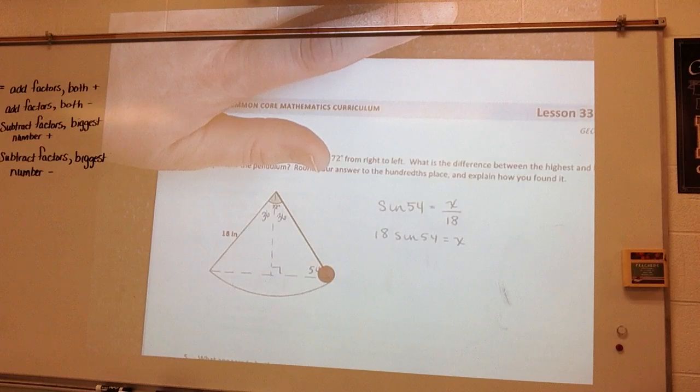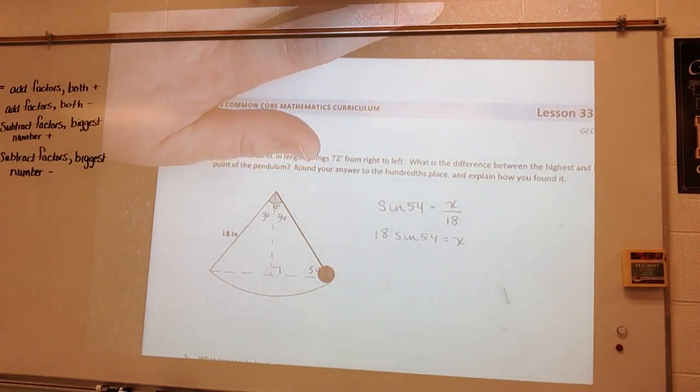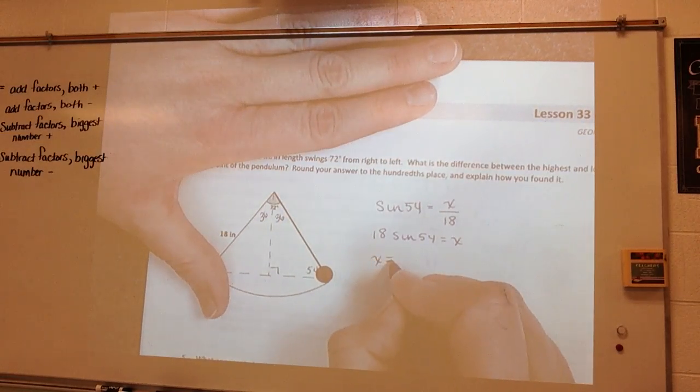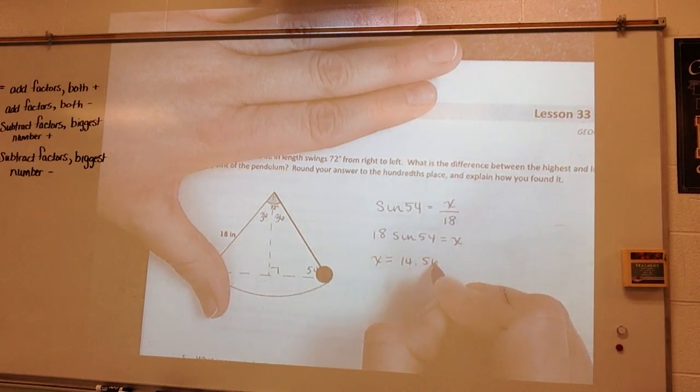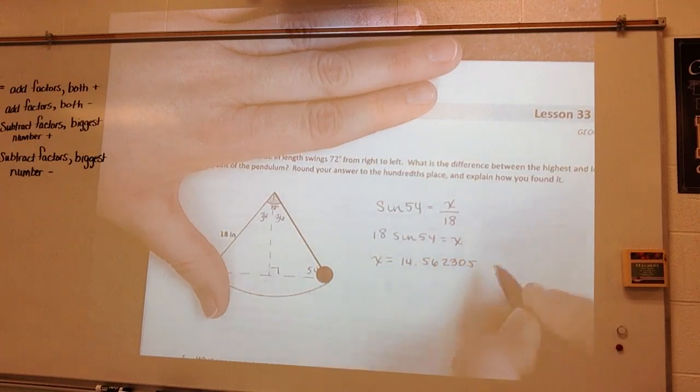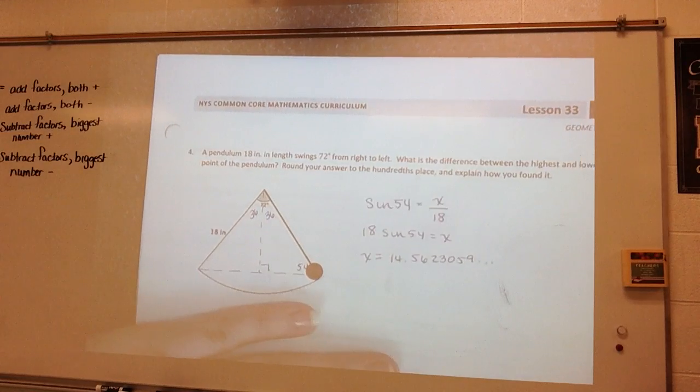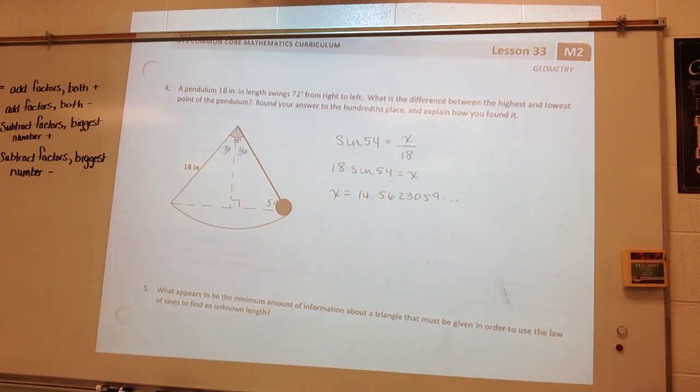14.562359. And it keeps going. Alright, so I put the 3 dots after it because it keeps going. The lowest point would be when the pendulum is perpendicular to the ground, which would be exactly 18 inches.